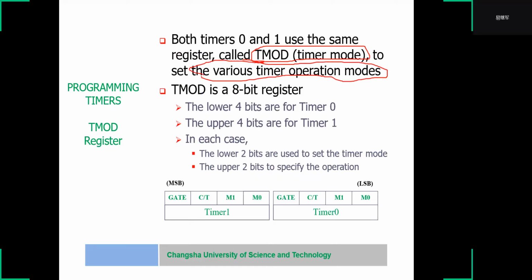TMOD is an 8-bit register. The lower 4 bits are for timer 0. The upper 4 bits are for timer 1.